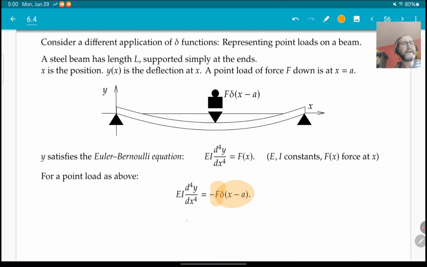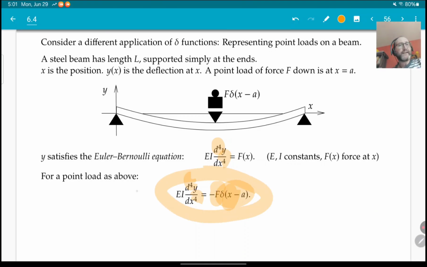Notice that now it's in the x variable, not t. It's just the name. Another thing to notice is that this is a fourth order equation, a very simple one, and you can solve it easily by integrating four times.